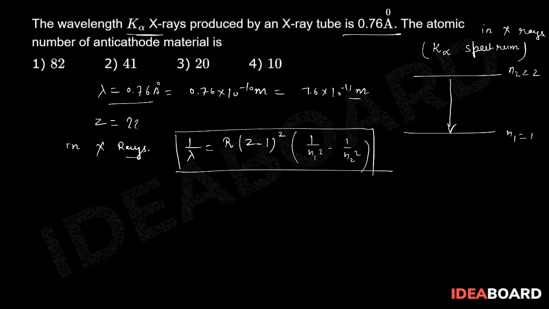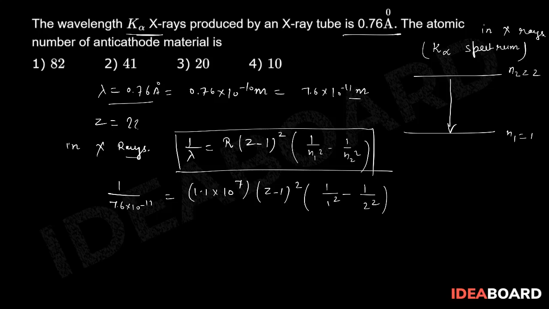If you apply here, 1 upon lambda is 1 upon 7.6 into 10 to the power minus 11, equal to Rydberg constant 1.1 into 10 to the power 7 and Z minus 1 square into 1 upon 1 square minus 1 upon 2 square. If you put the values, what do I get?